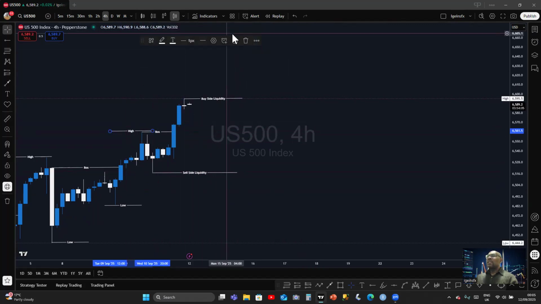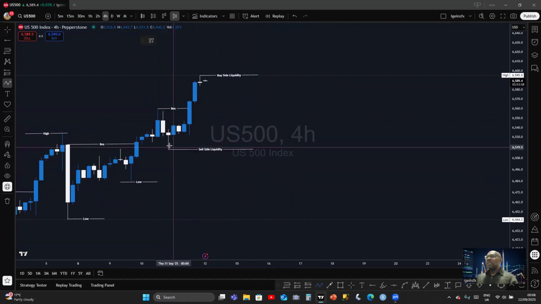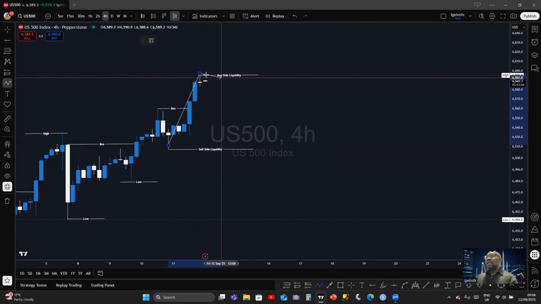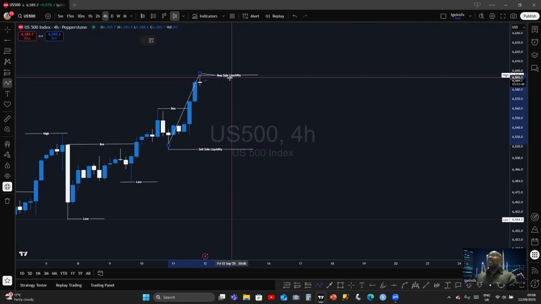Now, what price should not do is this: now that it has broken structure to the upside, it has created a resistance. This resistance is where buy side liquidity is sitting. Why do we call it buy side liquidity?